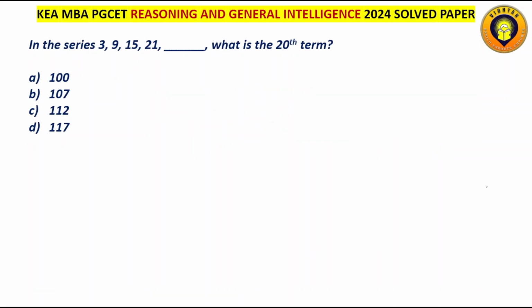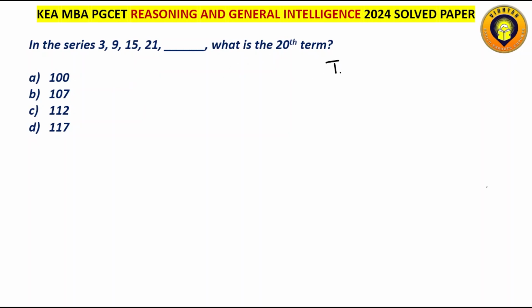In the series 3, 9, 15, 21 and so on, what is the 20th term? In the given series, the difference between 9 and 3 is 6, the difference between 15 and 9 is 6, and between 21 and 15 is 6. So the common difference is constant, which means the given series is in AP, arithmetic progression. Now how to find the 20th term?